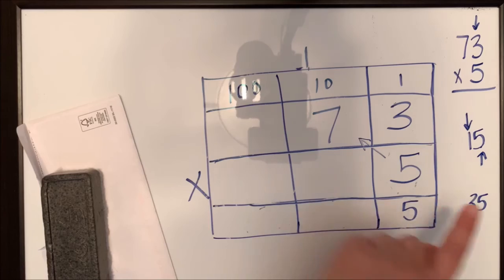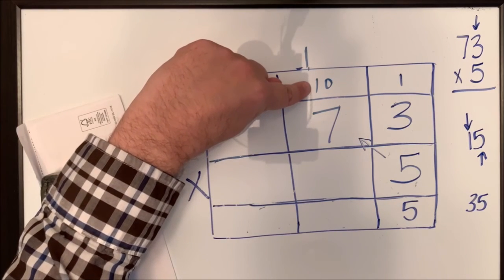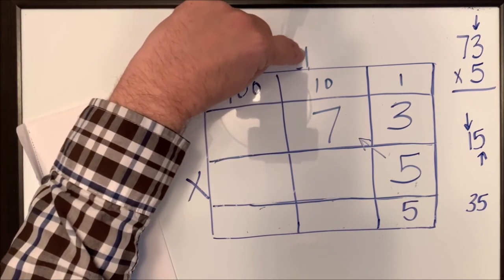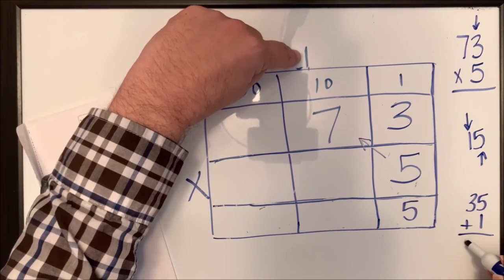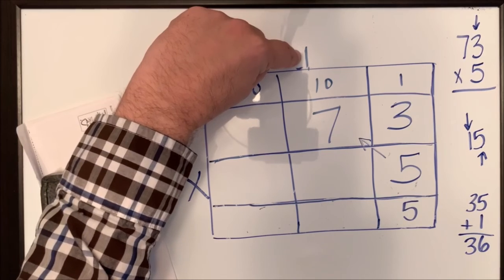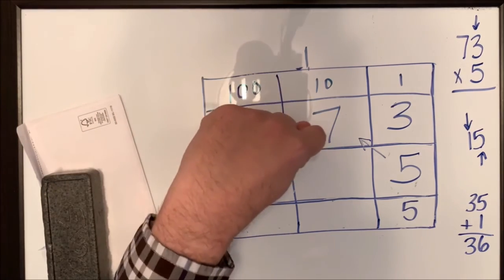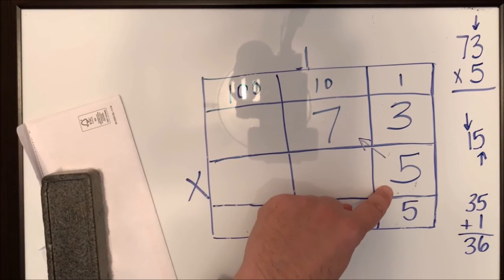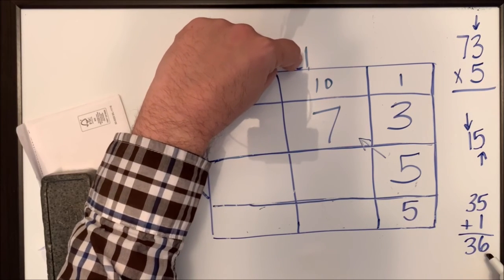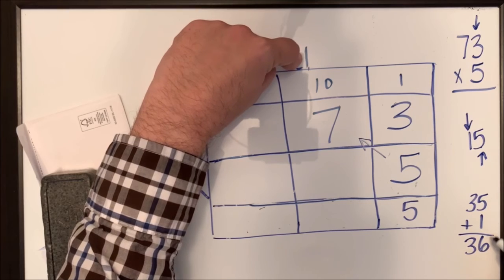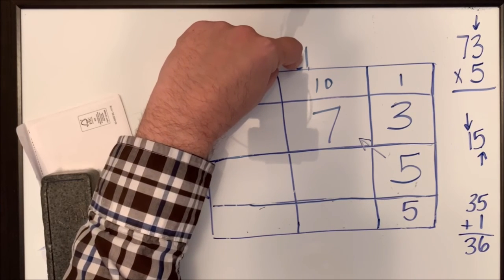So 35 tens plus the 1 on top. Don't forget that lonely 10 on top. I have 36 groups of 10. So 7 groups of 5 is 35, plus the 1 on top is 36 groups of 10, or 360.